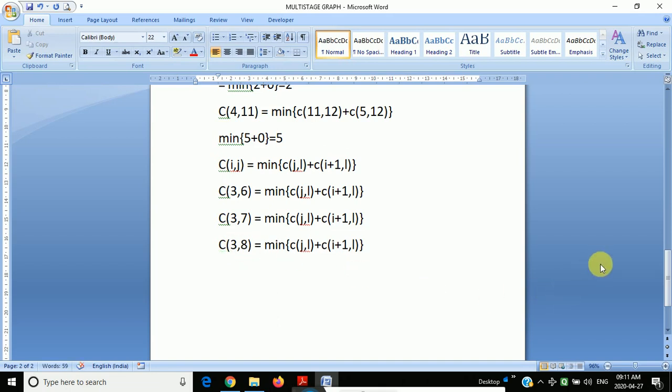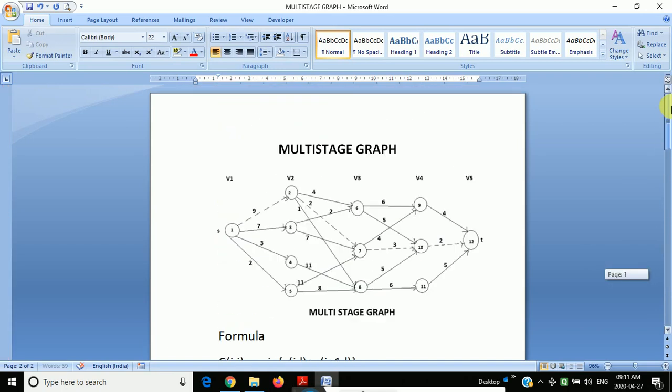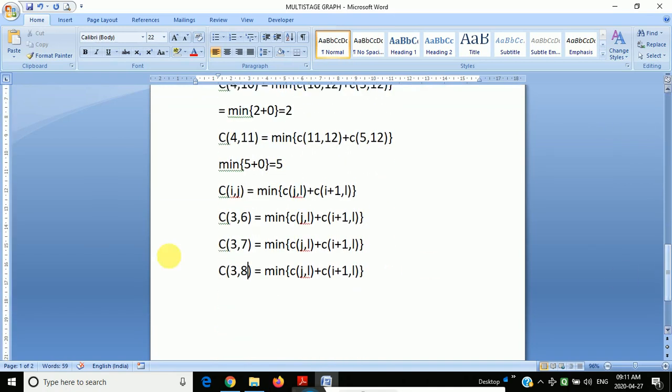That is the third stage, this one: 3 comma 6, 3 comma 7, 3 comma 8. We have to find that. Okay, so first we'll find out 3 comma 6, where the answer is minimum. I is 3, j is 6.